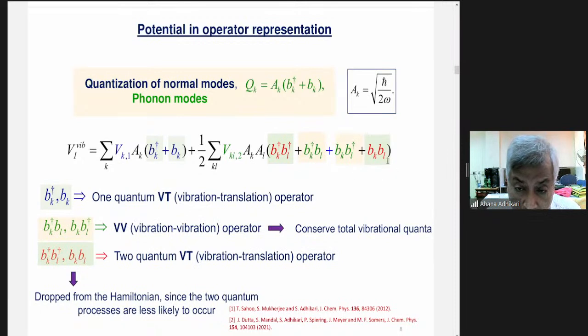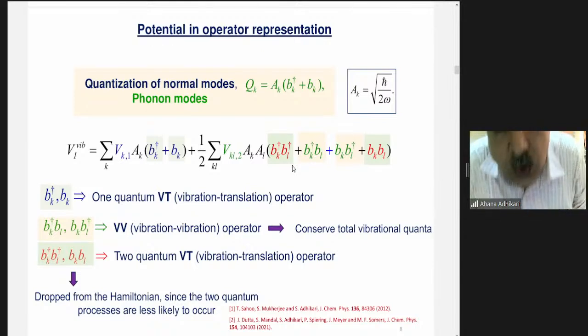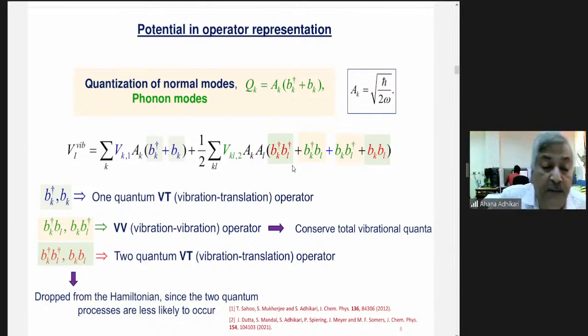In the second order, you can see the first term is basically a vibrational operator, and it conserves the total vibrational quantum. But in the 2 red terms, you can see that the mode basically gets excited. But if your kinetic energy is not sufficient, it cannot get excited consecutively twice. What is your aim? Your aim is basically to see the quantum effect.